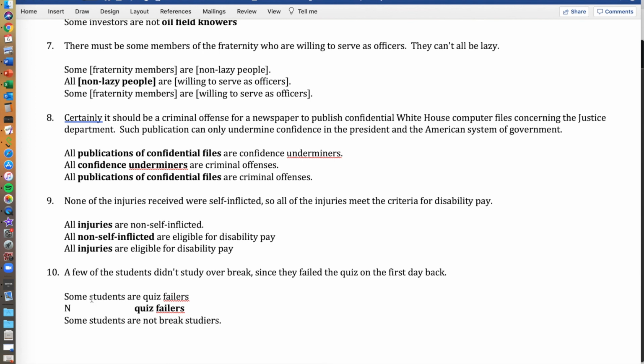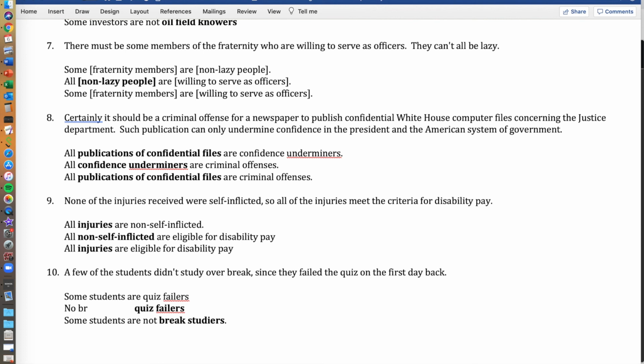Then I can go to the end terms and I have students, and both times students is the subject of a particular, so it's not distributed at all, and that's fine, equal distribution for an end term. Then I have break studiers. Break studiers is distributed in the conclusion because it's the predicate of a negative, which means it must also be distributed here in the missing premise, and that tells me this is a universal negative.